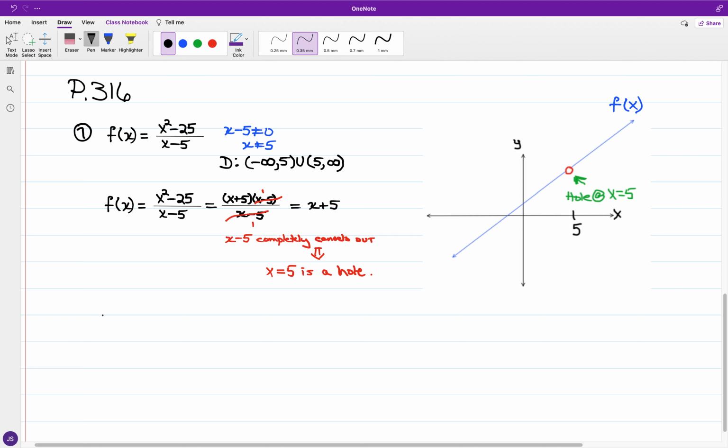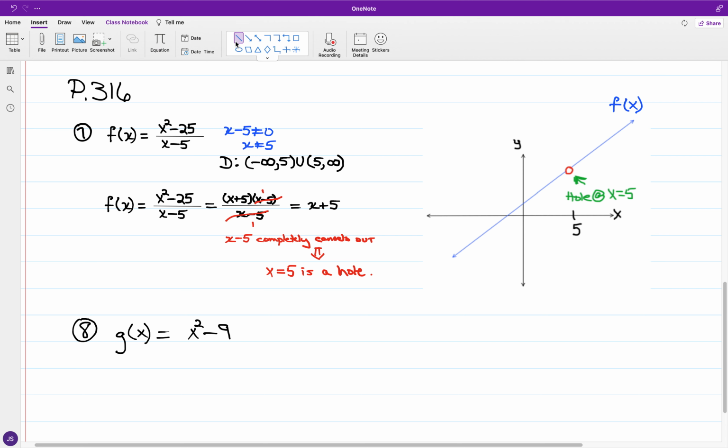And for what we have in the case of number 8, now we've got a function g of x. And it looks like we have a difference of squares, so I have x squared minus 9, and that is going to be all over x minus 3.